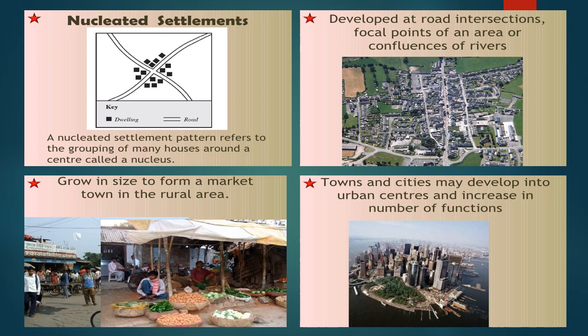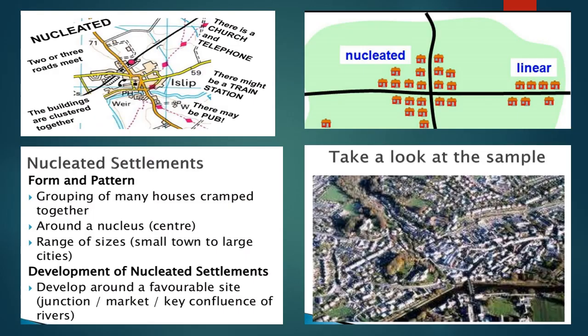They grow in size to form a market town in the rural area too. Then they develop at road intersections, focal points of an area, or confluences of rivers. Towns and cities may develop into urban centers and increase in number of functions. So that was about the nucleated settlements.